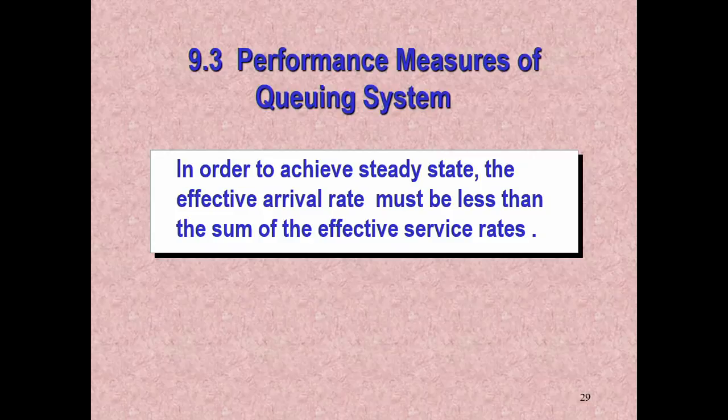So if things are arriving at 10 per hour, and I have servers that can handle things at 6 per hour, how many servers do I need at least to achieve steady state? 2, right? Because if I just have 1, the queue's never going to operate properly. Things are coming in faster.